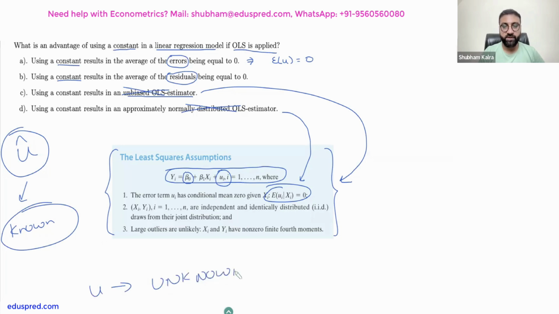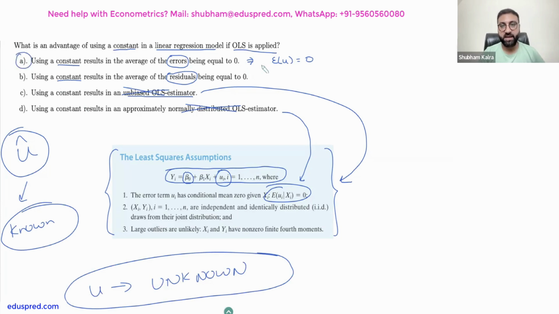Okay. So out of these two parts, which one is going to be the correct answer? Let's see. Once again, part A is relying on these assumptions that you see over here. Specifically, if you take a look at assumption number 1, that is the expected value of U_i given x_i equal to 0, I can use the law of iterated expectations and from here, I can prove that the expected value of U_i is equal to 0.